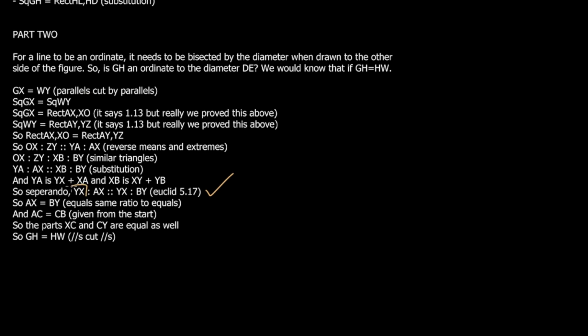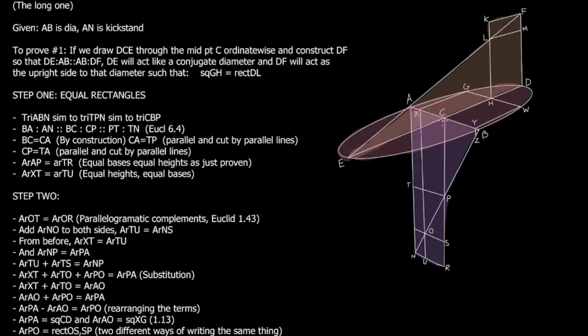So YX is here and YX is here, and they are obviously the same thing. So they're equal. So that means AX and BY are also equal. So AX equals BY. And AC equals CB because we placed C in the midpoint of AB.